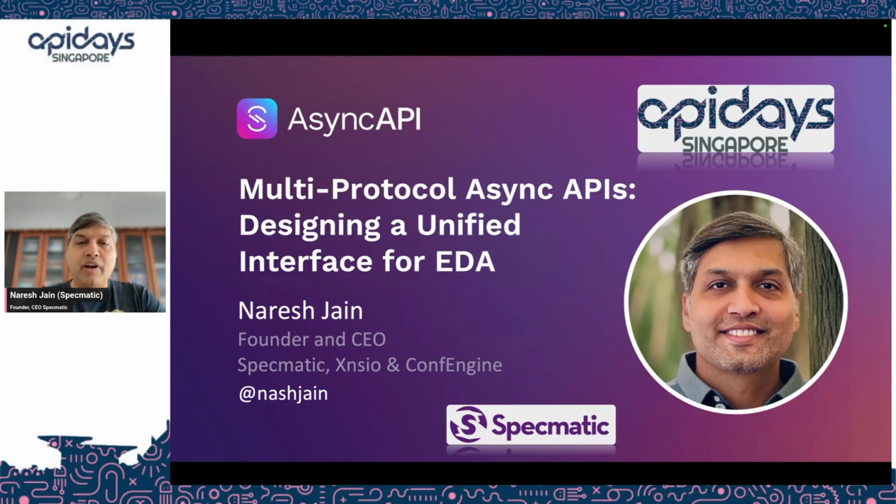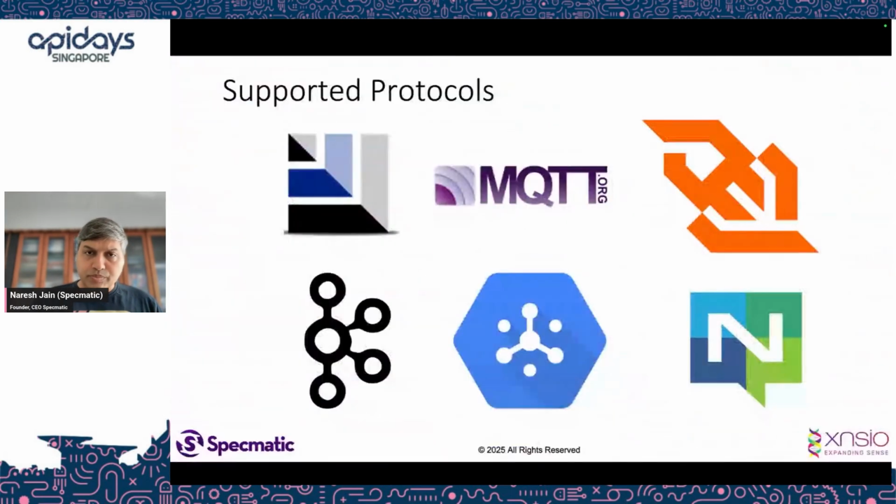However, having a unified interface allows for better interop between different players, right? And that's the key thing here. If you're in the asynchronous communication space, then AsyncAPI enables that. So let's quickly deep dive with that introduction.